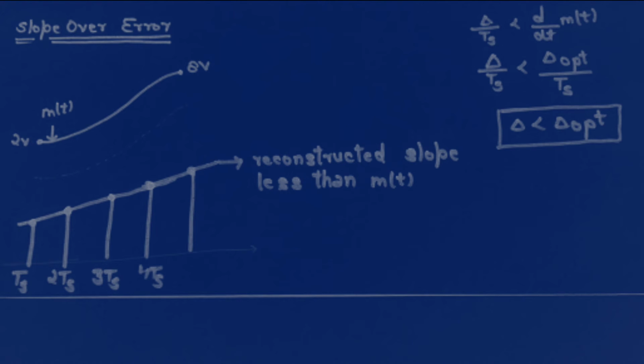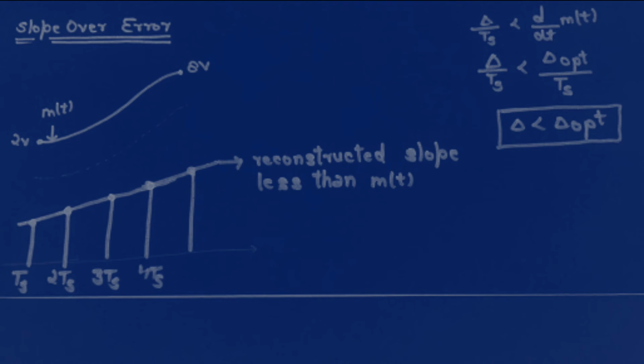Slope overload error. Slope overload error will occur when the slope of the reconstructed signal is less than the slope of the transmit signal. The slope of the transmit signal is defined by the differentiation of the message signal, and the slope of the reconstructed signal is del by Ts, as we discussed earlier in this video.